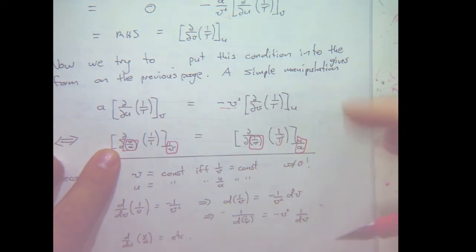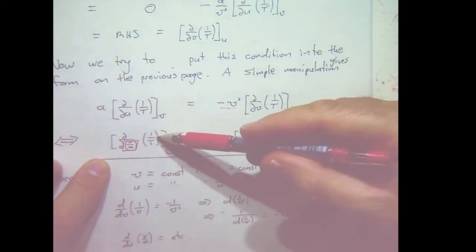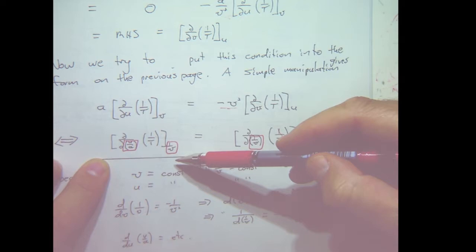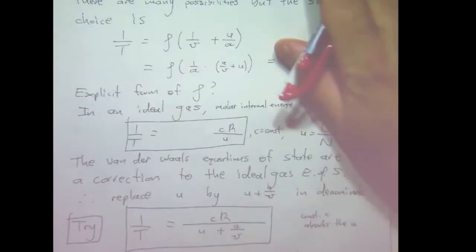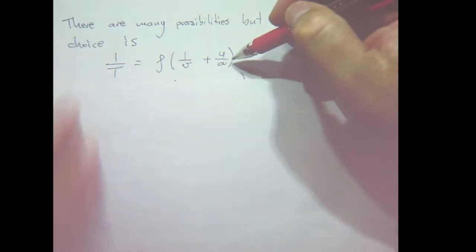You can express 1/T as a function of the sum of u/a and 1/v. So 1/T must be a function of 1/v plus u/a.